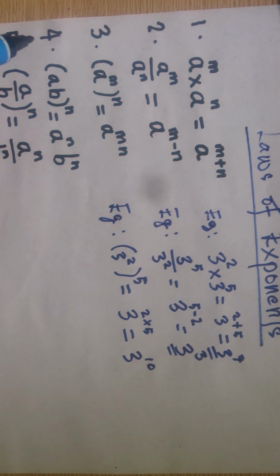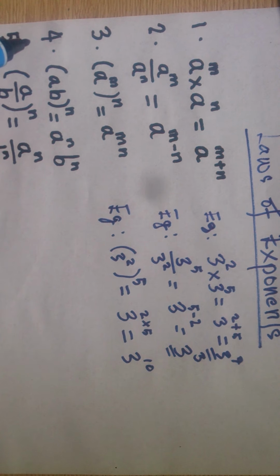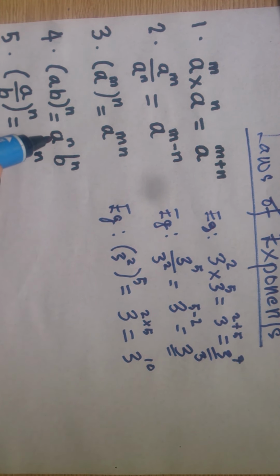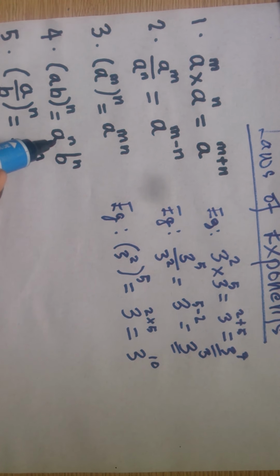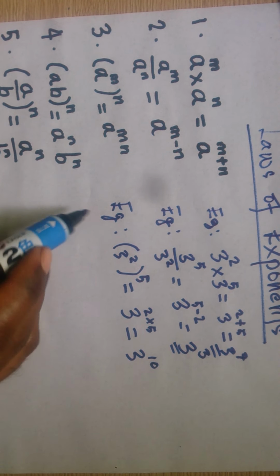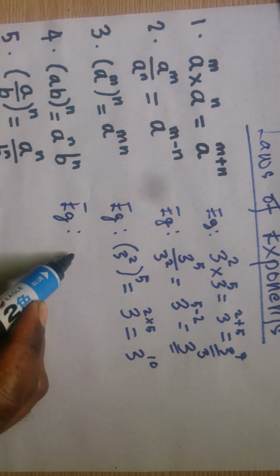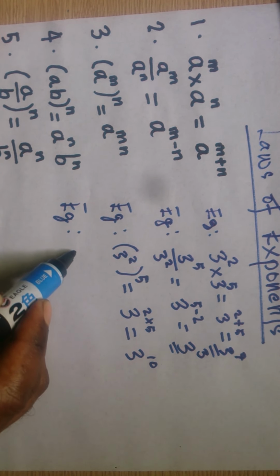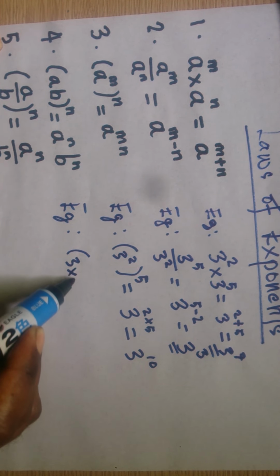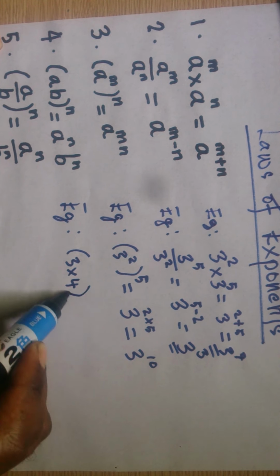Our next law, the fourth law, says that to raise a product to a power, raise each factor to the same power. So let's have an example. If we have 3 times 4 raised to 2.